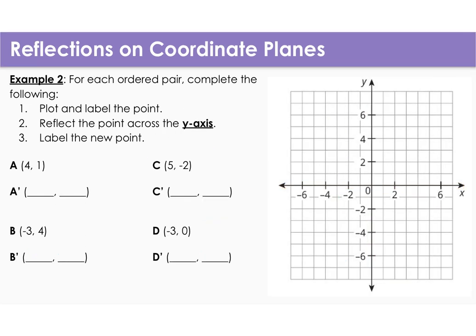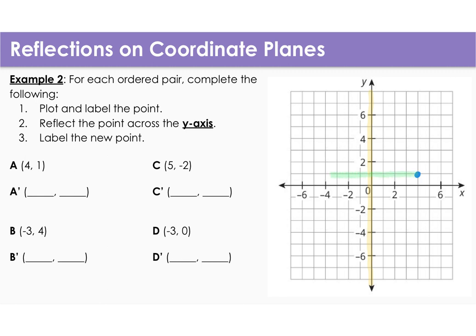So now we're going to do the same thing across the y-axis. So we have to know where the y-axis, first of all, is. So here's my y. I am going to reflect across the y-axis. So I have 4, 1. And so to get to the y, I go 4 spots.